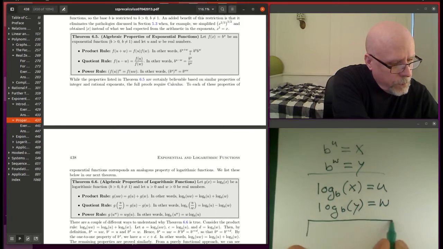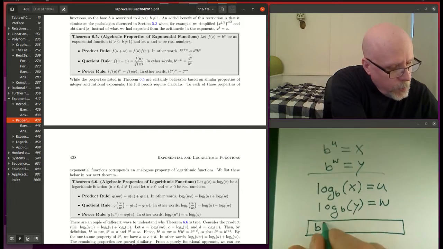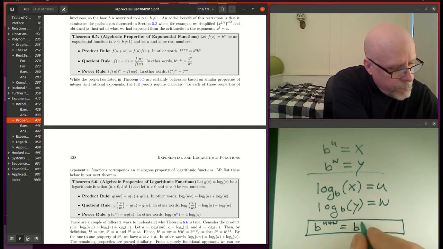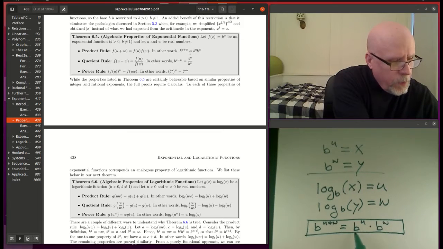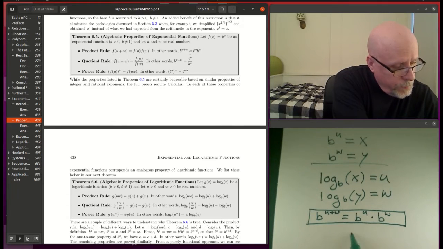Let's just put that in a box. b to the u plus w equals b to the u times b to the w. Where have we seen those before? That's the stuff I just called x and y. So b to the u plus w is equal to x times y.